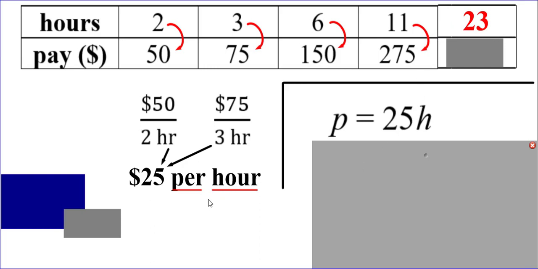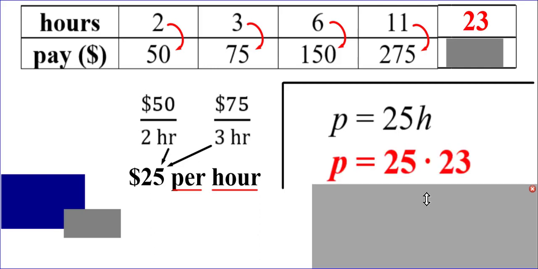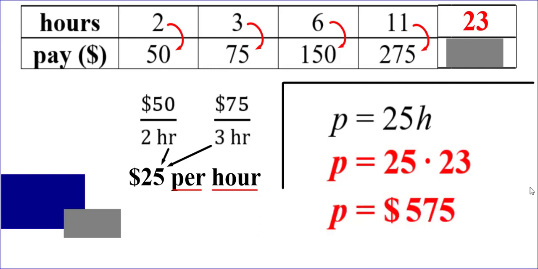So this is why I told you 25 per hour means 25 times the hours. That's where I get 25 times h from. And if my new amount of hours is 23, I can substitute that in. 25 times the 23 would give me $575 for the 23 hours.